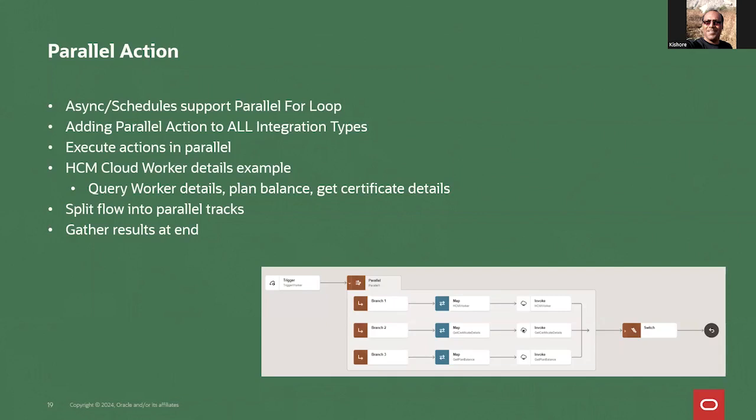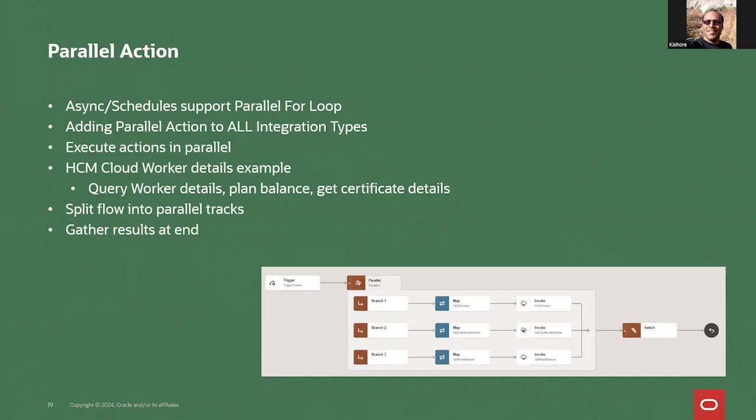Let's say you're trying to integrate with HCM Cloud, and at the end of the scenario, you're trying to capture various details for a specific worker. So maybe you're querying worker details, maybe you're querying some plan balance for the worker, and maybe you're getting some learning details for that particular worker.